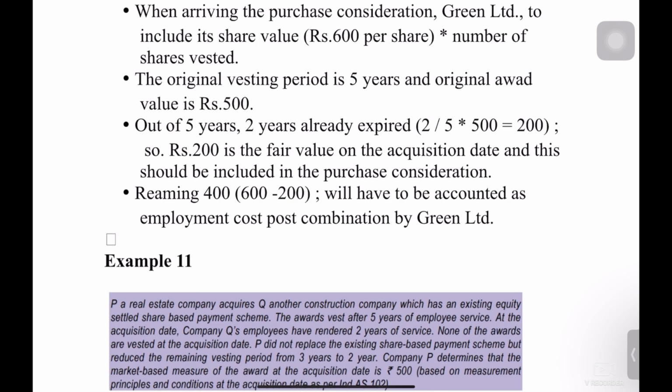So 2 out of the total 5 years is over. So 2 by 5 into 500 will become 200. So 200 relates to pre-combination, and the remaining 600 minus 200, that is 400, will be post-combination. Pre-combination should be part of purchase consideration, and post-combination should be accounted as a regular expense. In this case, it's the employment expense, and it should go directly to the income statement.